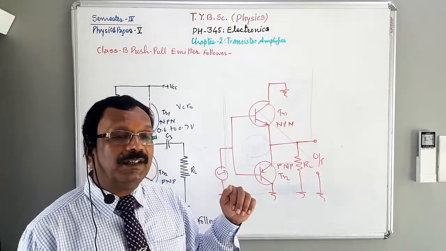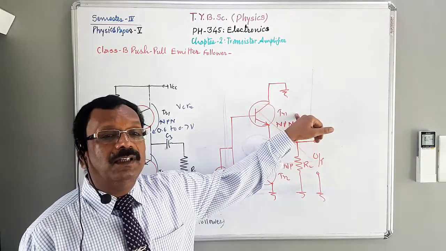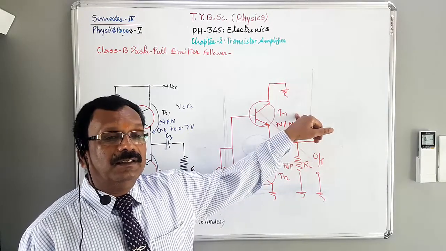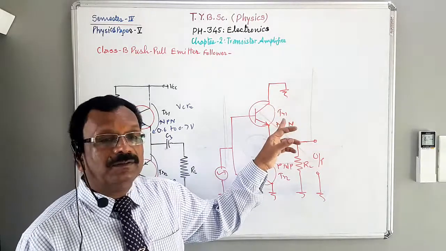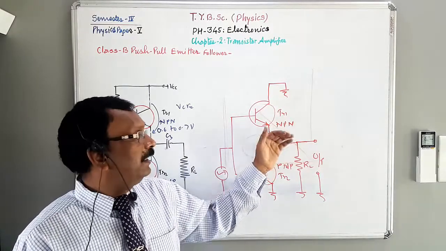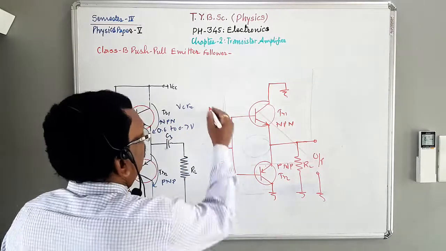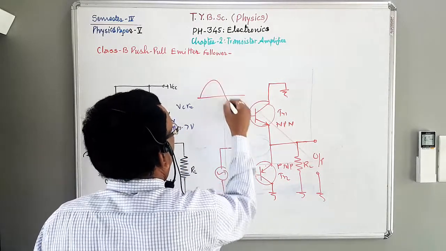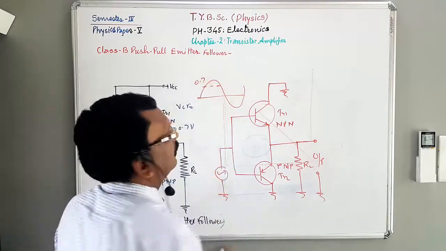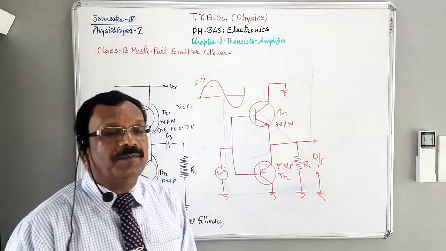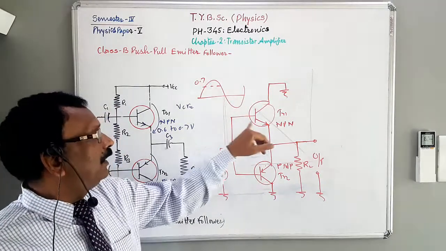Only then does current flow through transistor TR1. When the signal is less than 0.7, no current flows through this transistor.